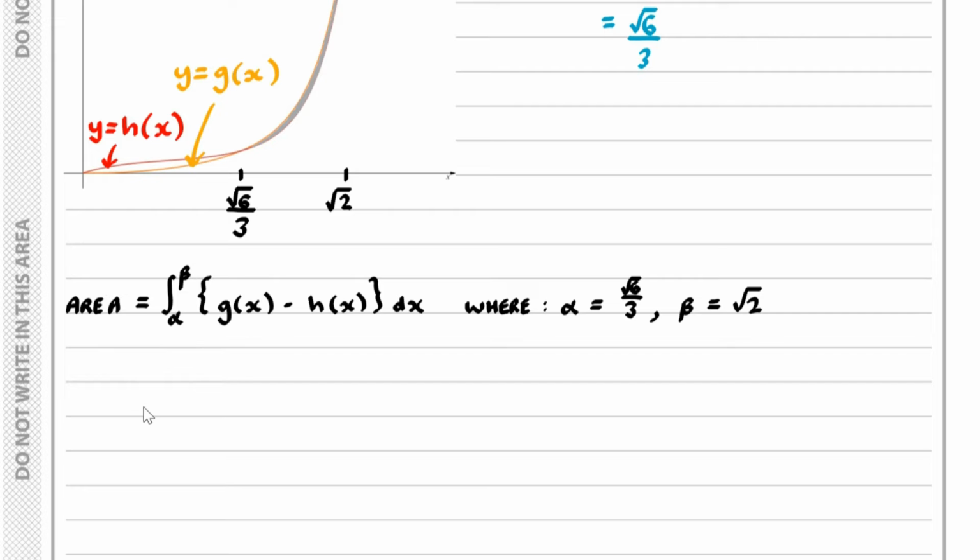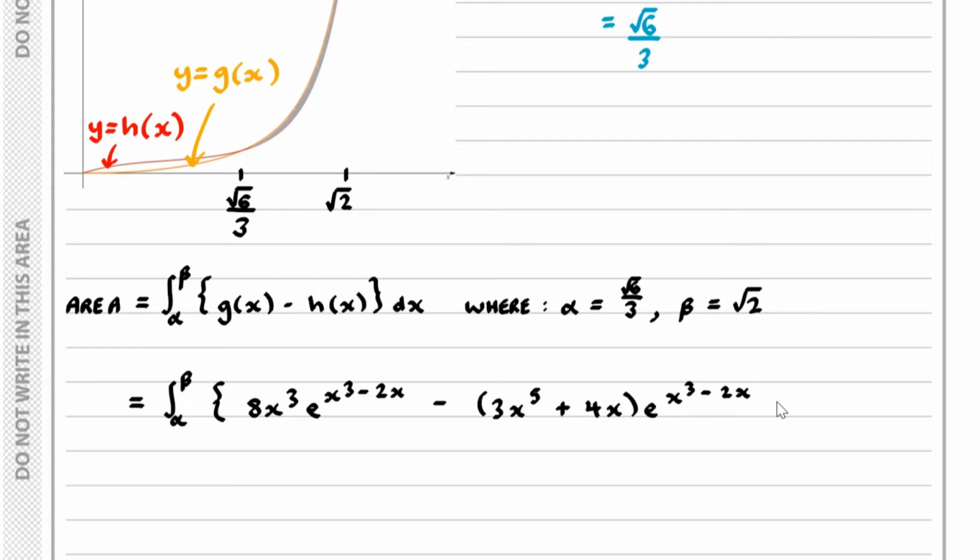So if we integrate then between alpha and beta, well, g of x, that's equal to 8x cubed times e to the x cubed subtract 2x, and h of x is equal to 3x to the 5 plus 4x e to the x cubed subtract 2x dx.